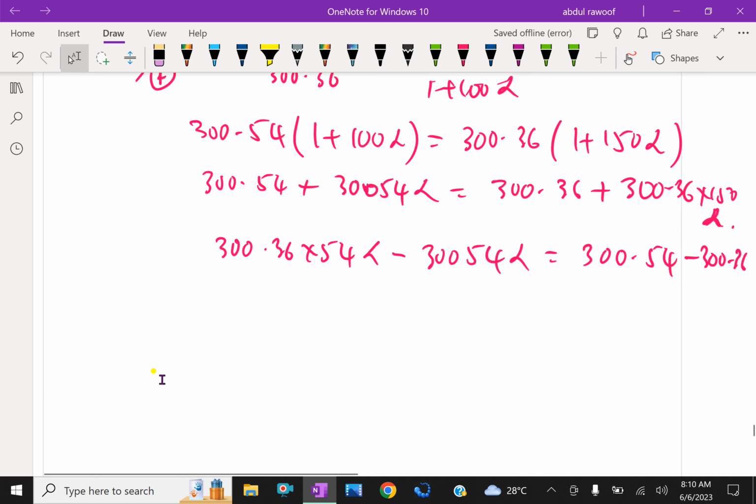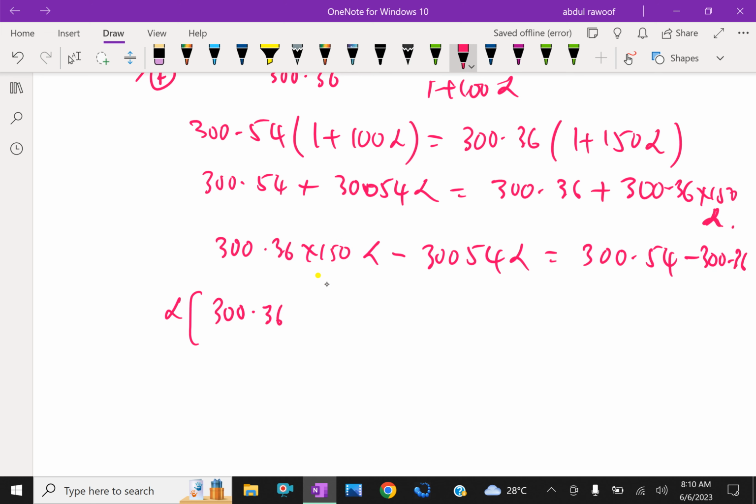Here, by using this relation, alpha equals 300.54 minus 300.36 over 300.36 into 150 minus 300.54 into 100. Sorry. Calculate.